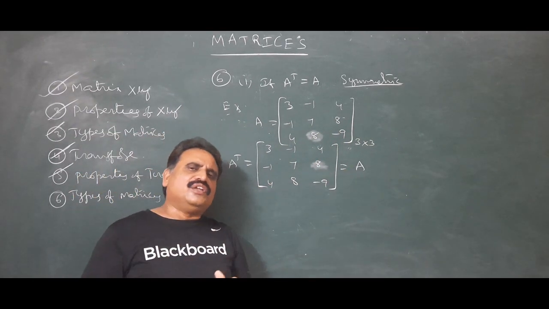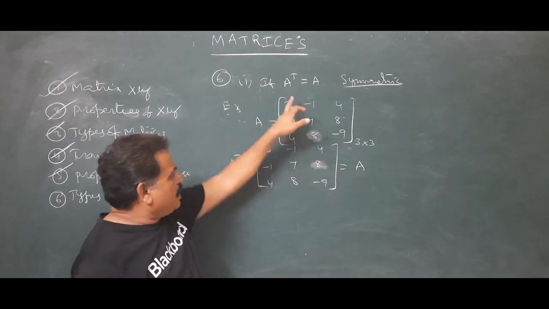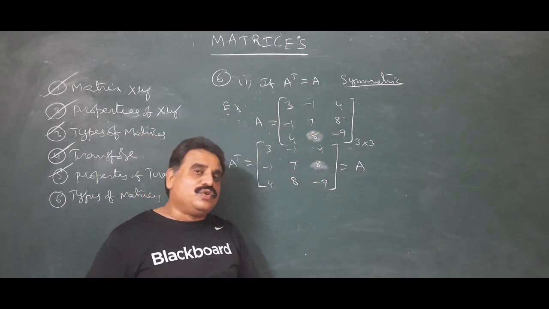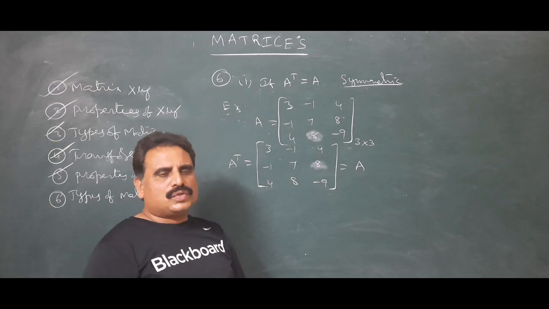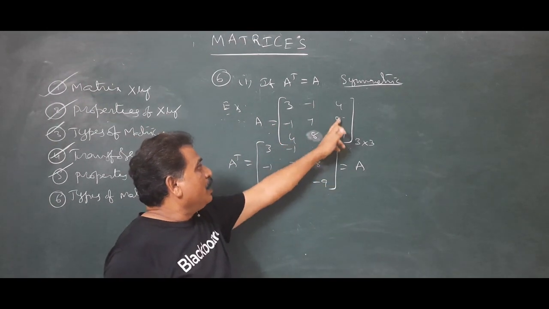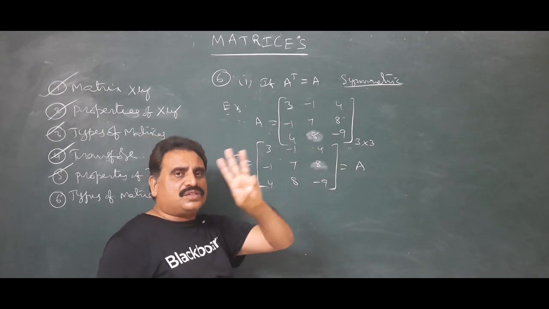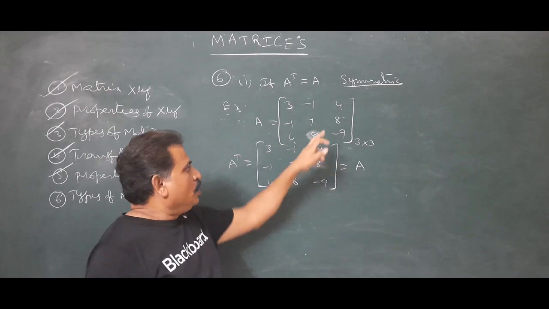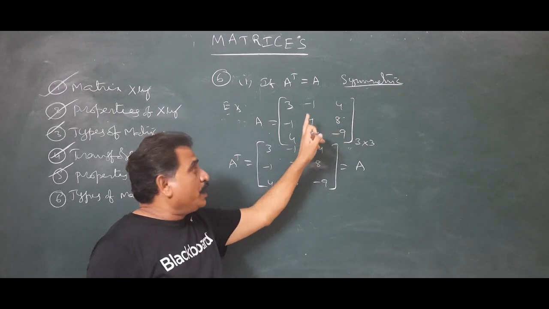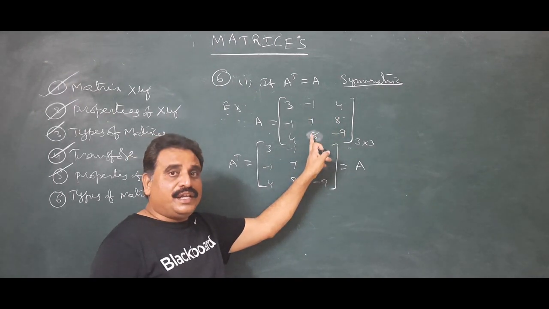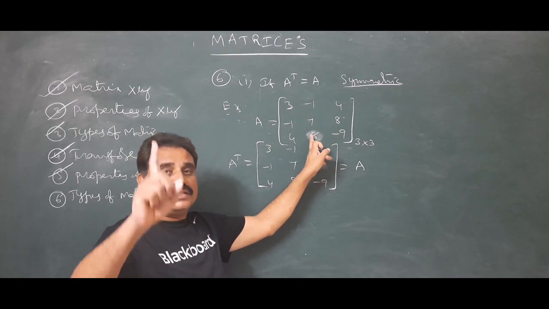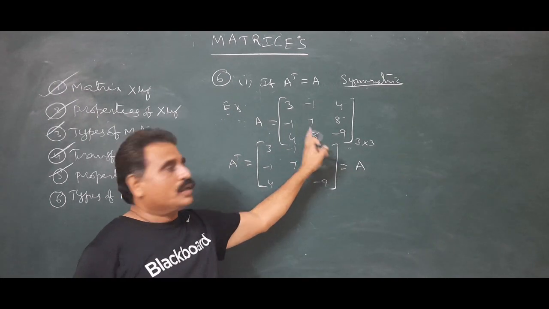You can construct infinite matrices, whereas for diagonal elements, you can take any elements. So these three are dependent elements. The number of dependent elements is 3. If here it is 8, you have to take 8 only. Don't take any number other than 8. That is not symmetric.